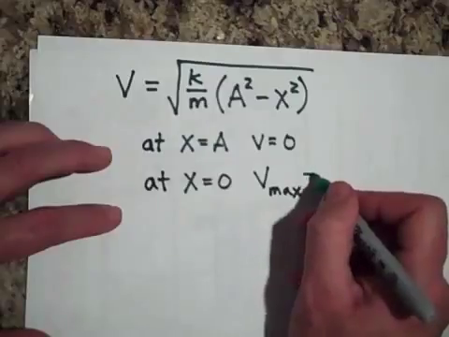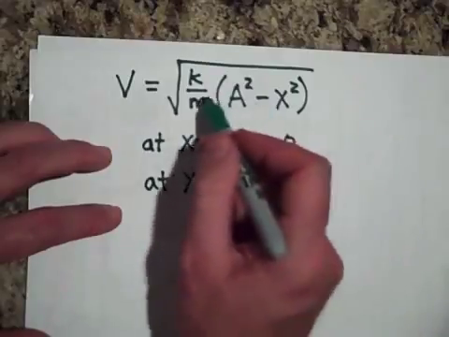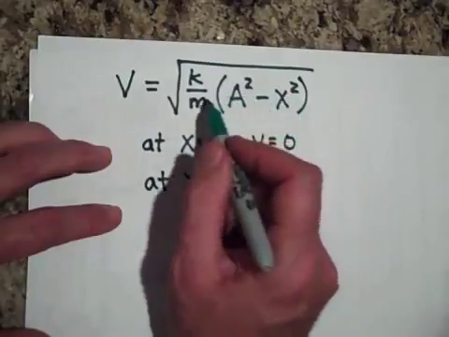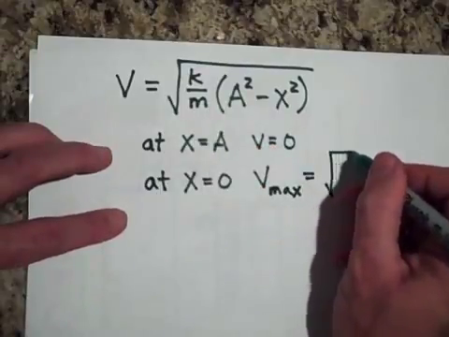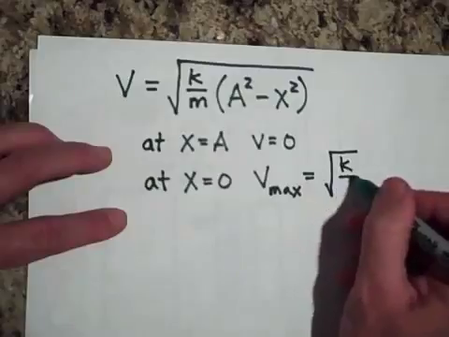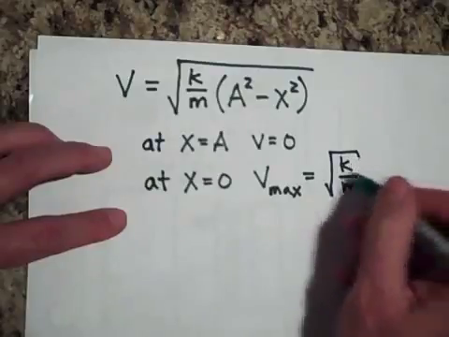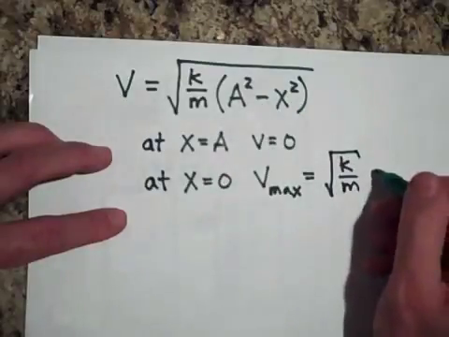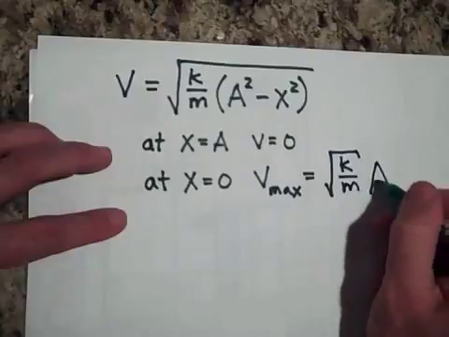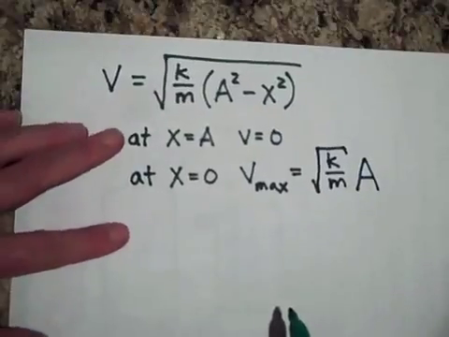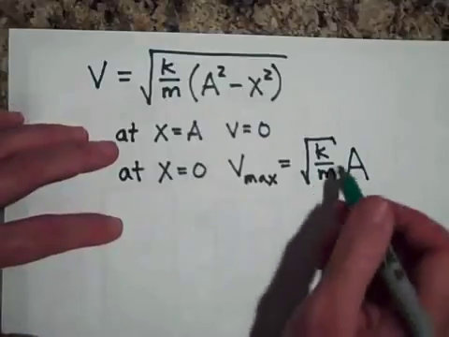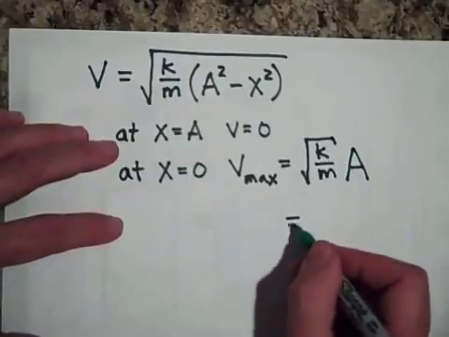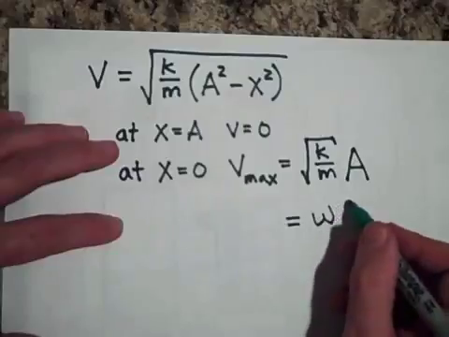If I make that 0, it looks like it's going to be the square root of k over m times A squared, but I can pull the A out. So it's just going to be that. Now, are you recognizing this square root of k over m? That's omega.